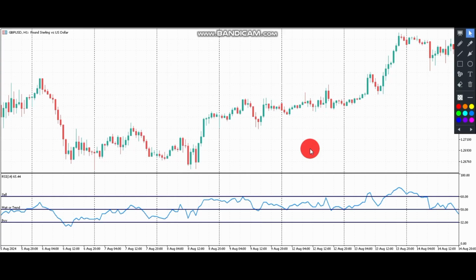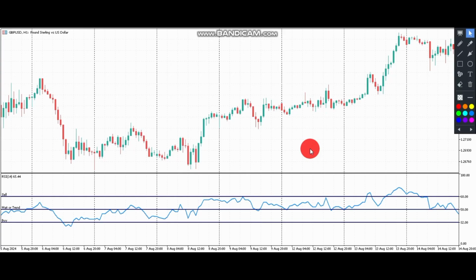Like I used to tell you people, the trend is your friend. If the trend is going bullish, you should follow the trend and buy. If the trend is going bearish, you should follow it and trade for a sell.